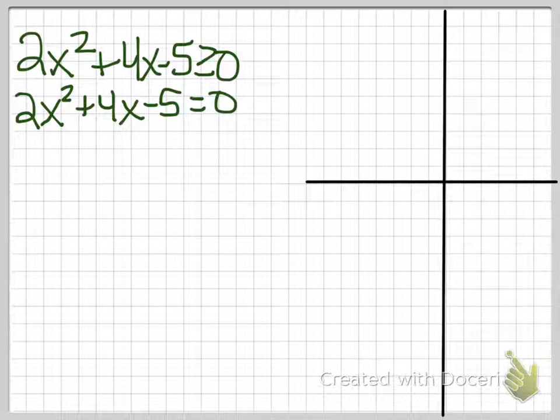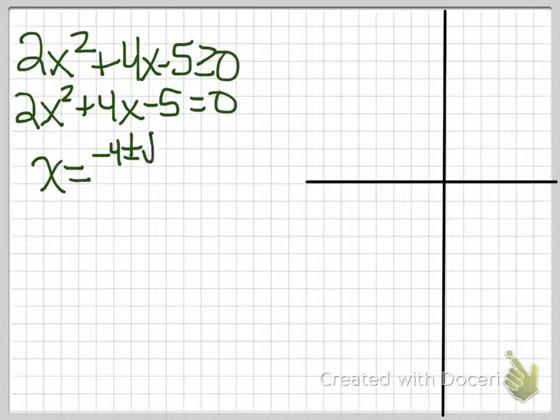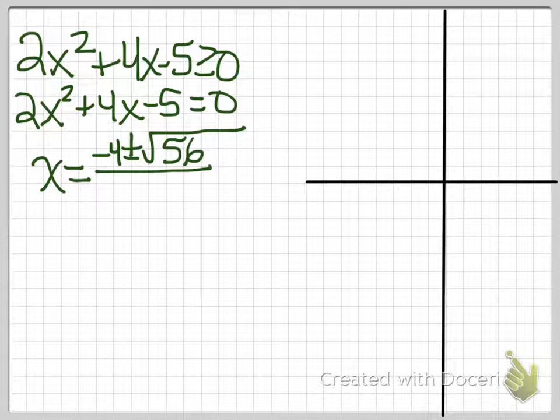This one's not factorable, so I'm actually going to use the quadratic formula. So I get x equals -4 plus or minus the square root of, let's see, 16 plus 40, so that's 56, divided by 4.